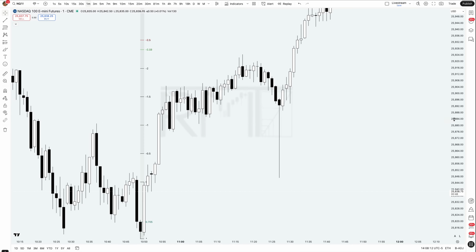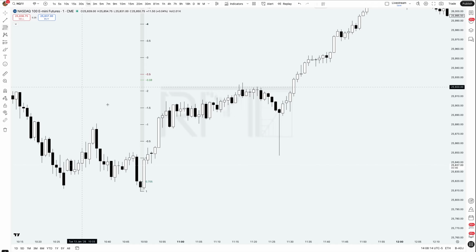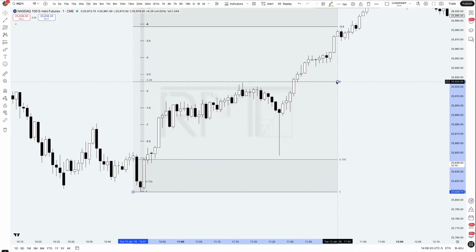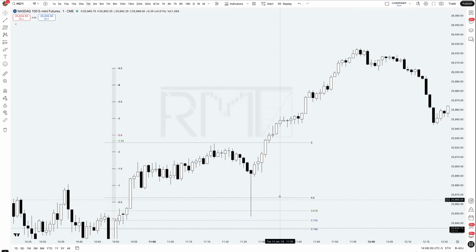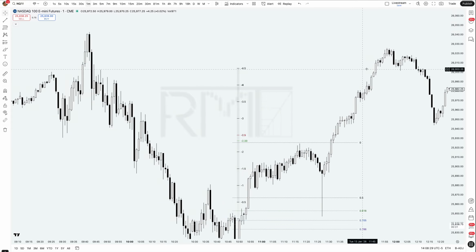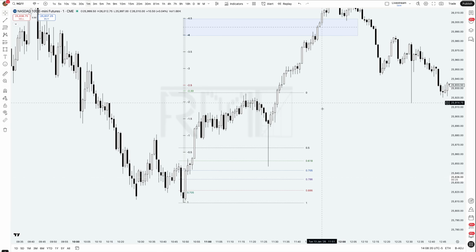We have the close above -1 here. When we close above -1, usually 1.5 and 2 will be retracement levels we can pay attention to. We should retrace at least to 50% of the range. This case was 618, and here we close above 2.5. Minimum delivery for this trade should be 14.5, and that happened here, right?